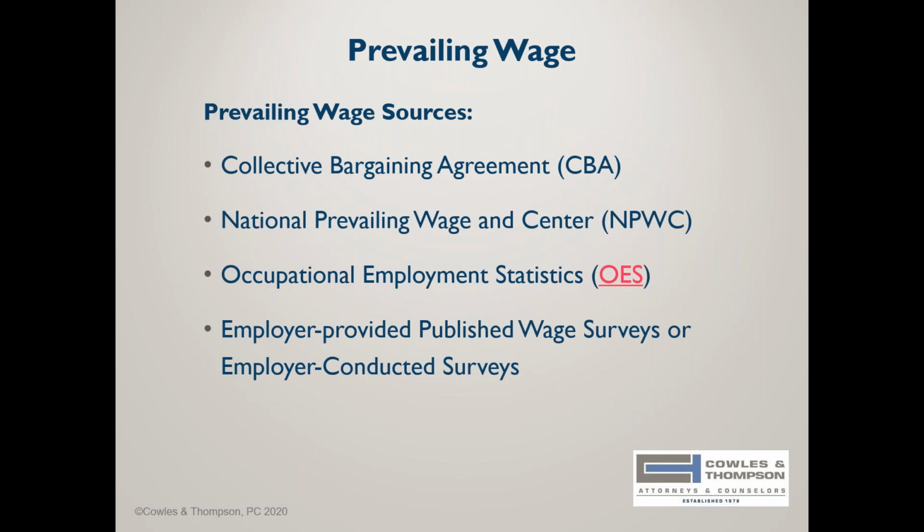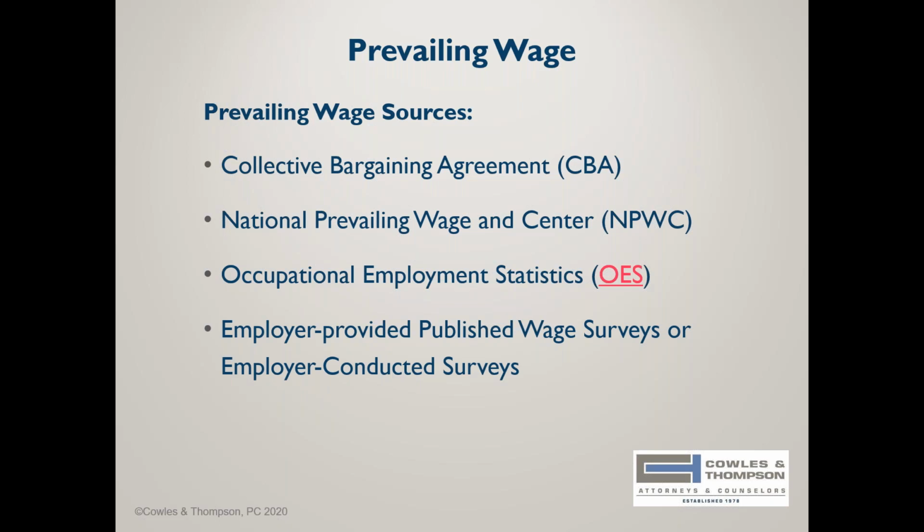Okay, so here are the sources where they consider the prevailing wage. If there's a collective bargaining agreement in existence, we file with that. We'll submit that with the LCA, and what we're basically saying is: this is what's going to happen, this is what's been agreed to among the parties.